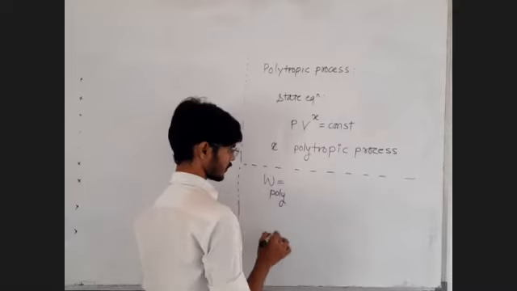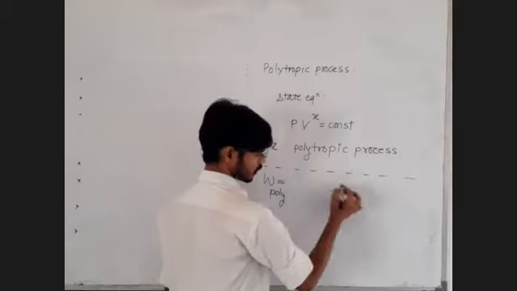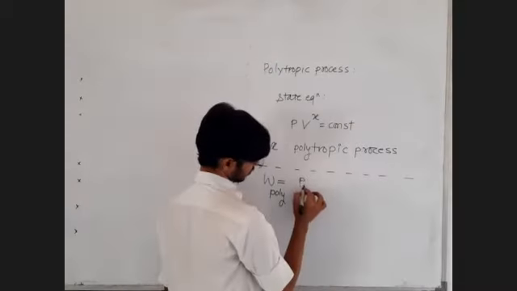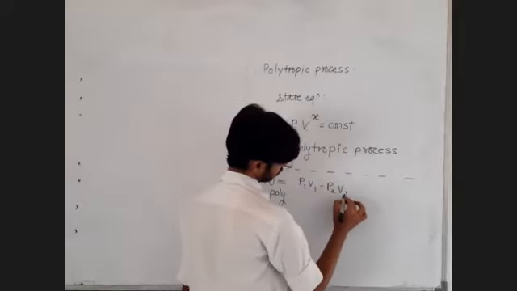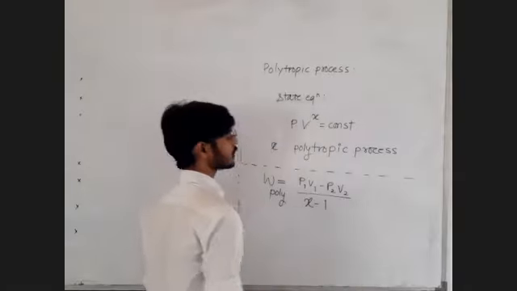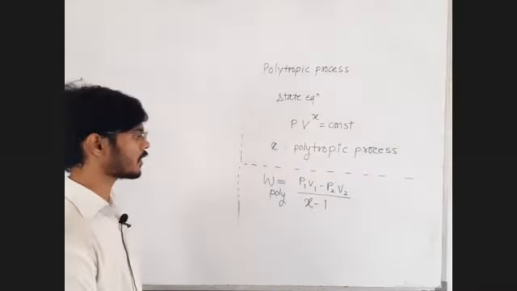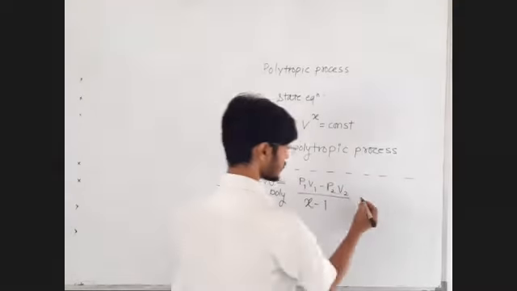So formula of the work done will be something like this. P1 V1 minus P2 V2 upon gamma minus 1. Just like that. P1 V1 minus P2 V2. Instead of saying gamma minus 1, say x minus 1. But sir, PV is equal to nRT.